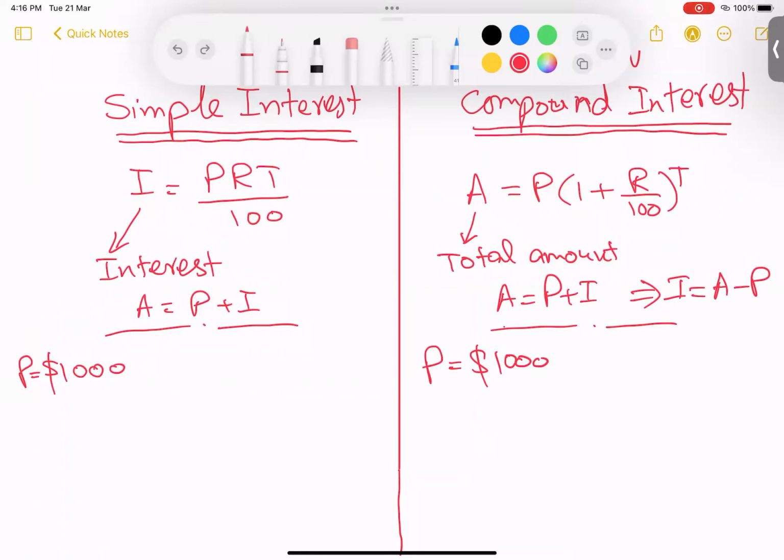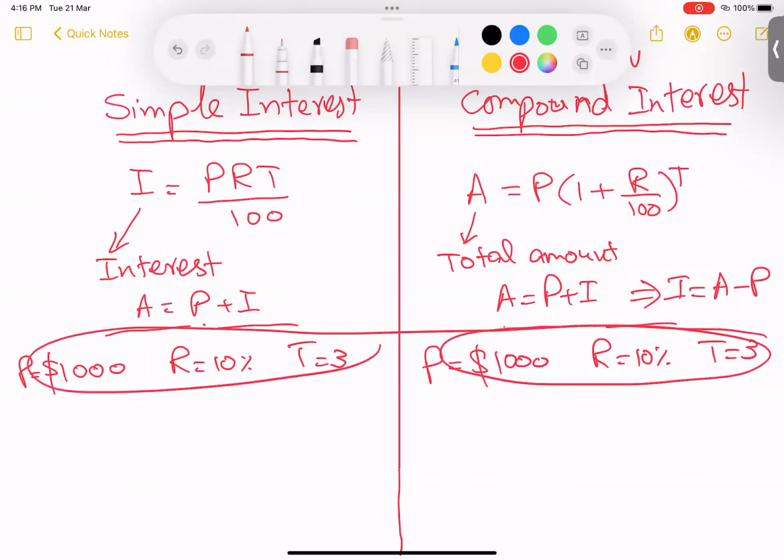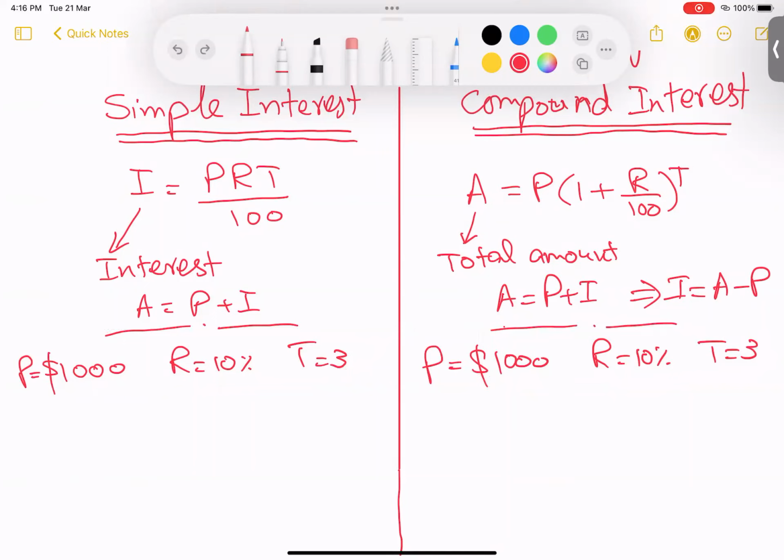Let's say the rate of interest is 10% per annum for both, and the time is three years for both. So now you can ask me, sir, what is the difference then? Everything is the same, but you'll see that when I find the final answer, there will be a difference.